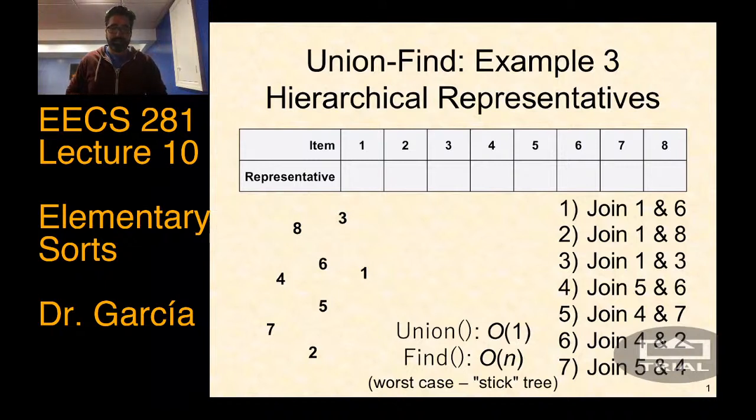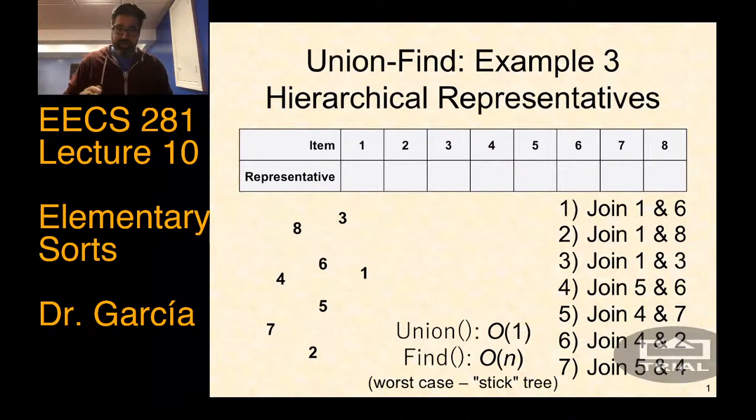And I think there was probably some confusion with the next to last example, which was doing hierarchical representatives. So let's do one real quick. I think I figured out where I might have introduced the confusion. So let me just do it again.